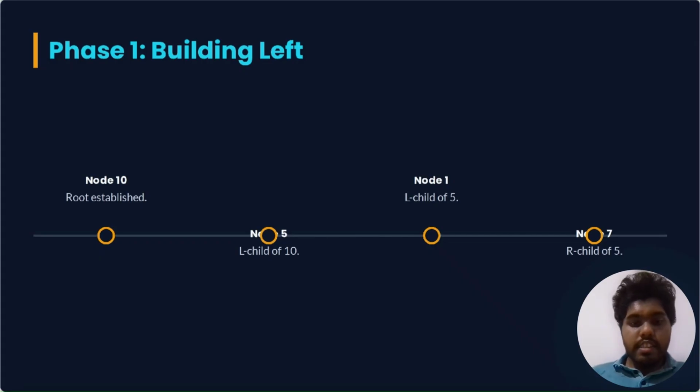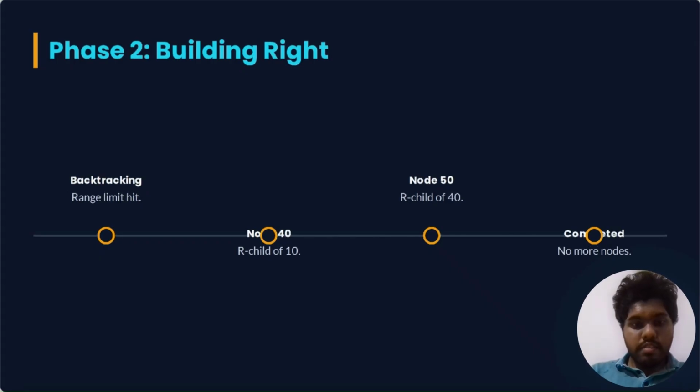We backtrack. 7 is between 5 and 10. So it becomes 5's right child. Continue the process. Next is 40. It's not between 7 and 10. It's not between 5 and 10.